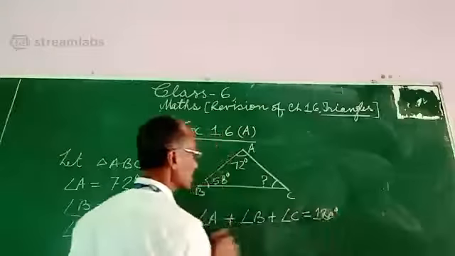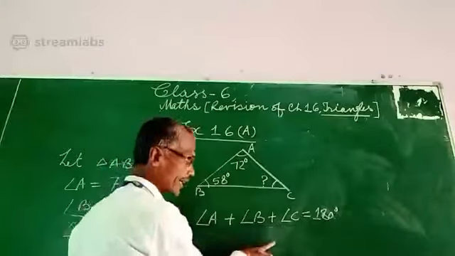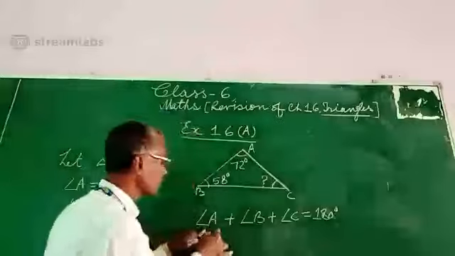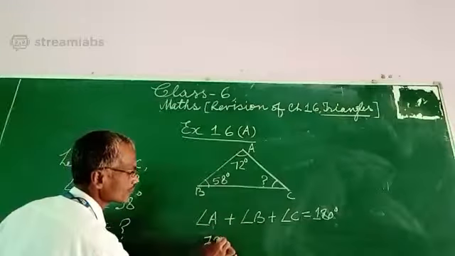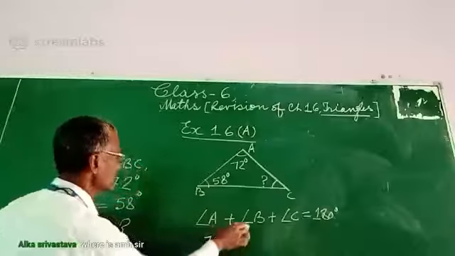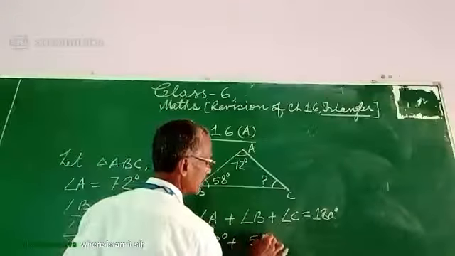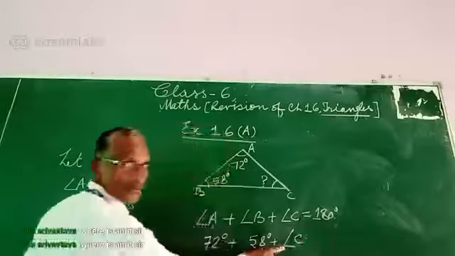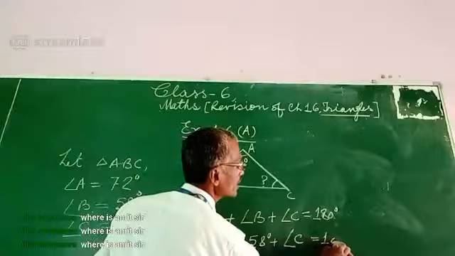From where have I written this? It is the sum of angles of a triangle is 180 degree. Now putting the values, replace A by 72 degree plus replace B by 58 degree. We need to find out the measure of angle C, so we write C equals 180 degree.